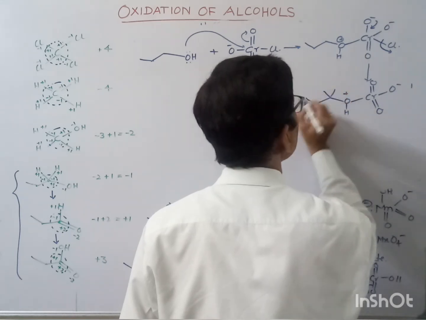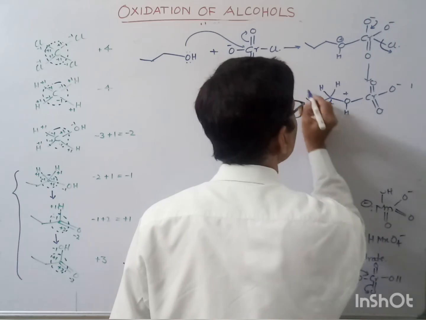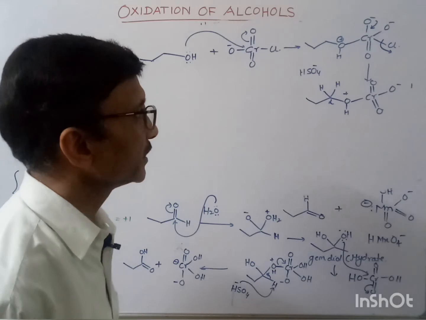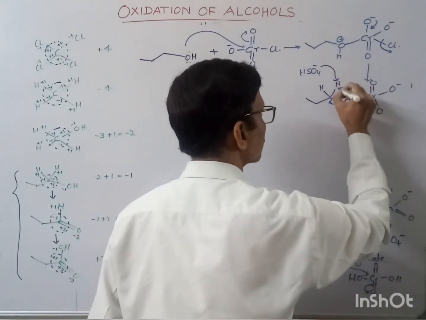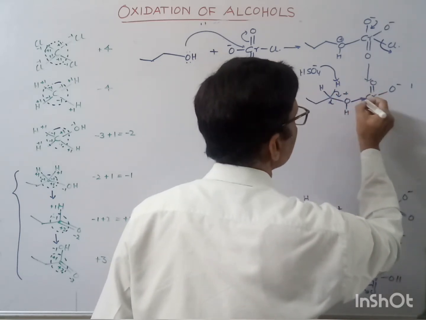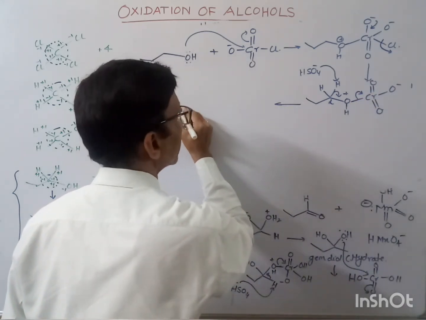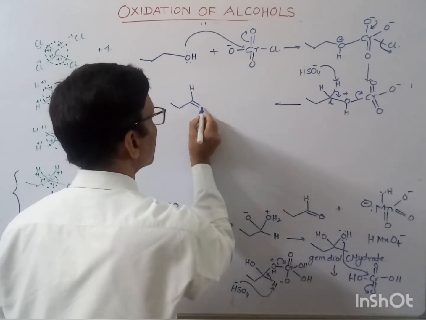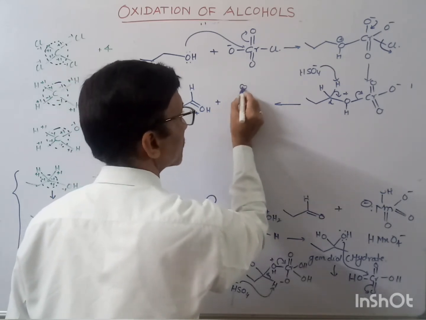And here we are having this alpha H, and again one of this base, either this HSO4 minus or this H2O, acts as a weak base and will take this proton. So what we are getting over here is H double bond OH plus and Cr.